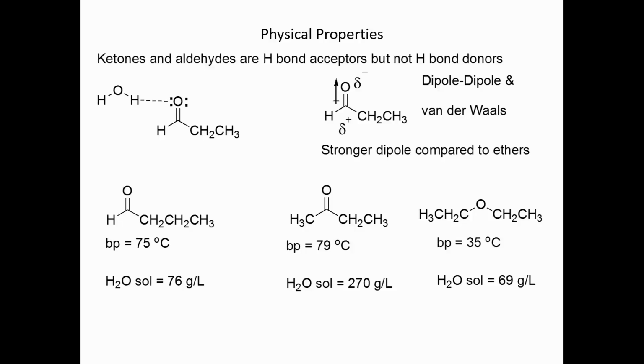So it's a lot more water soluble when it's in the middle. It doesn't really have one continually long chain to the same extent here. This has a 3 carbon chain. This only has two, a 2 and a 1, and apparently that makes for greater hydrogen bonding with water.